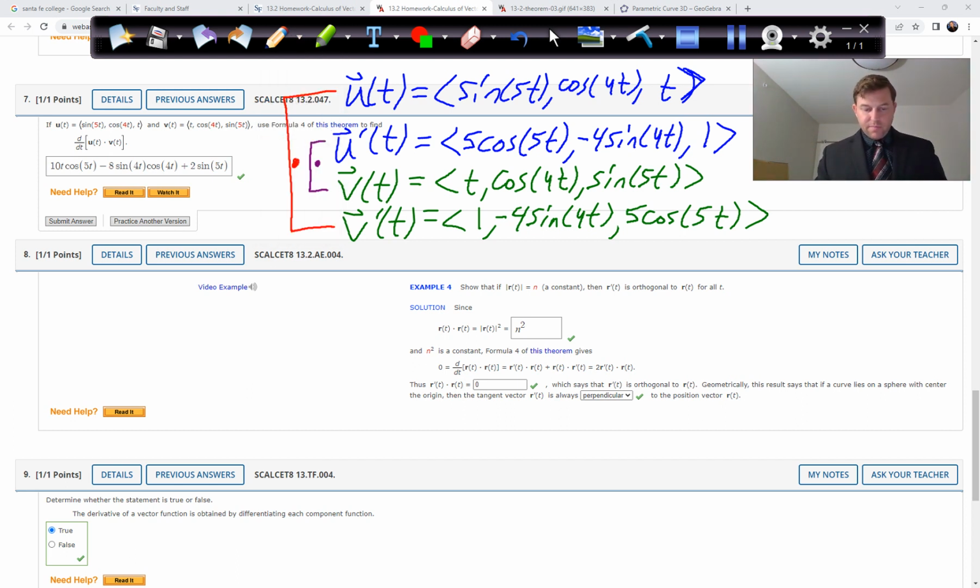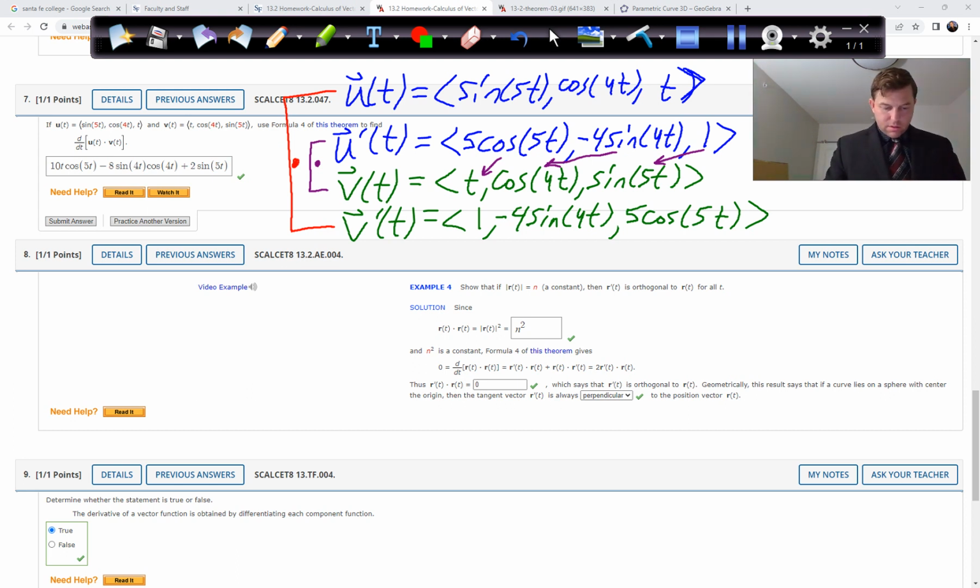We're going to multiply u prime of t with v of t. We are going to multiply the first two terms. We're going to multiply the second two terms. We're going to multiply the third two terms. And we add them all together.